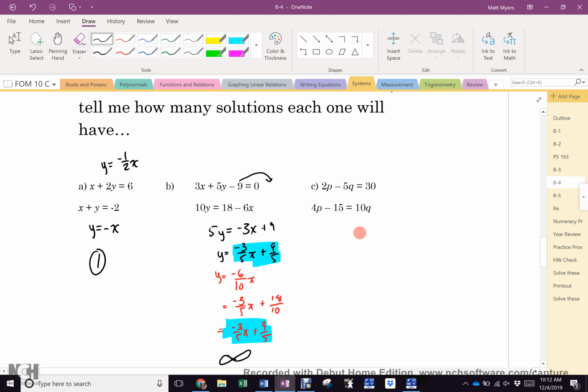Once you isolate, you have the slope and the y-intercept, whichever way you go. And what are you going to notice about the two slopes? They're the same. And when you check the y-intercept, what's going to happen? They will be different. So, you could isolate q.